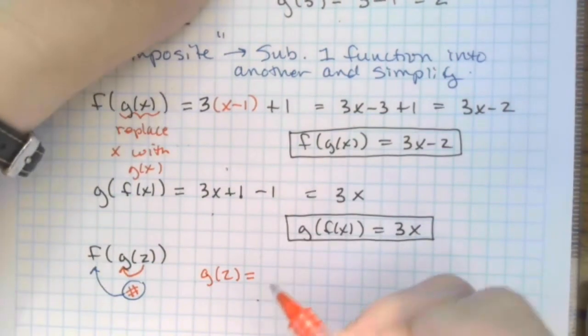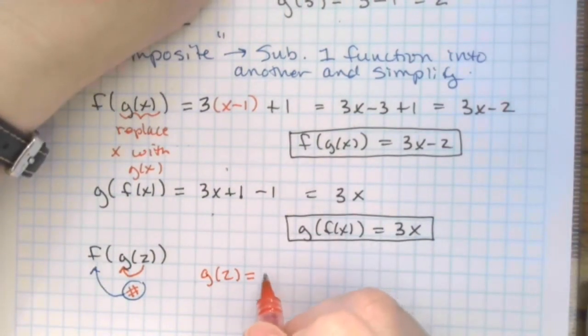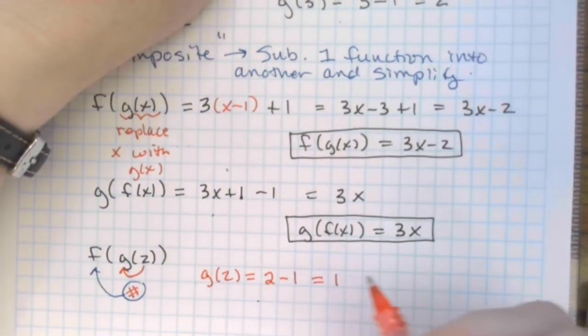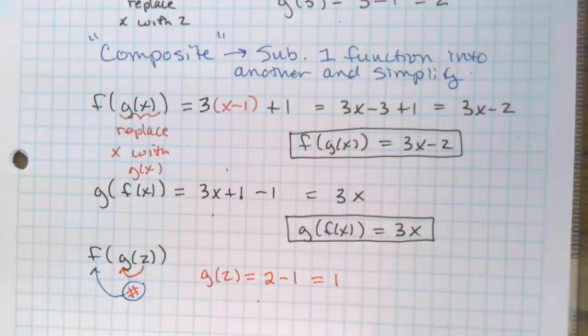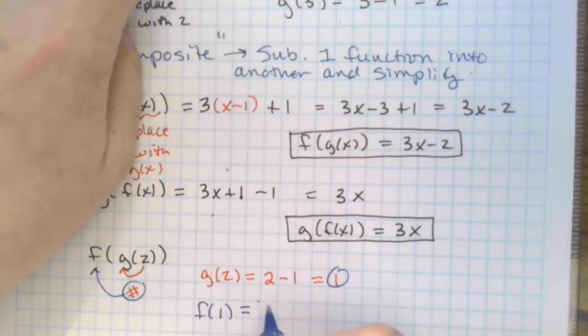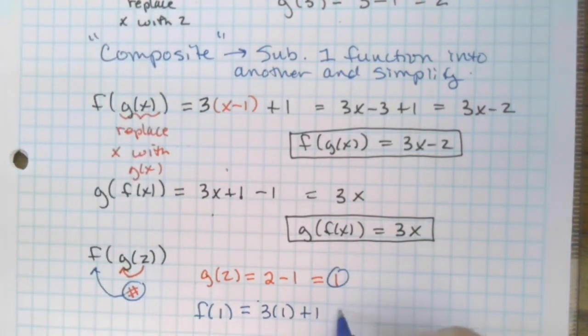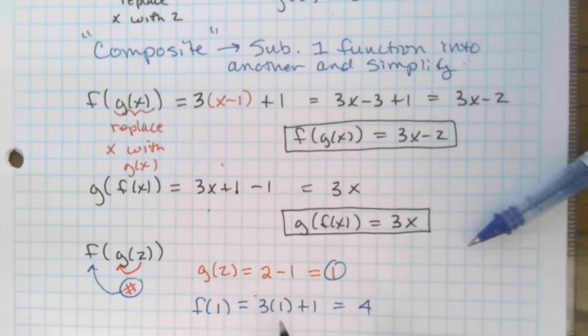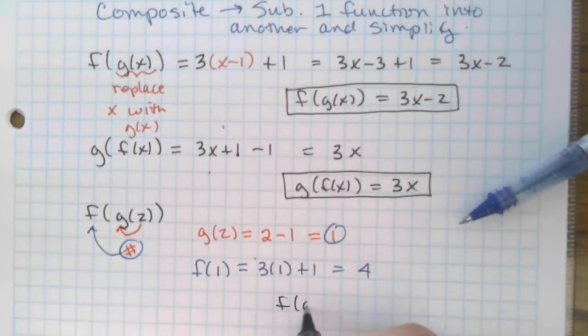So go to the g function and replace x with 2. So 2 minus 1 equals 1. All right, so that is what we're now going to substitute into f. So f of 1 equals, replace the x with a 1, 3 times 1 plus 1. 3 plus 1 is 4. So your answer would be f of g of 2 equals 4.